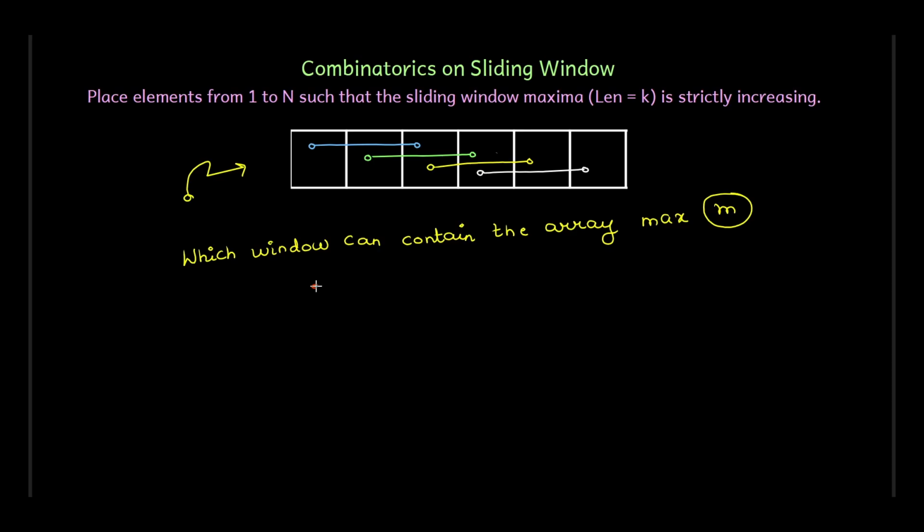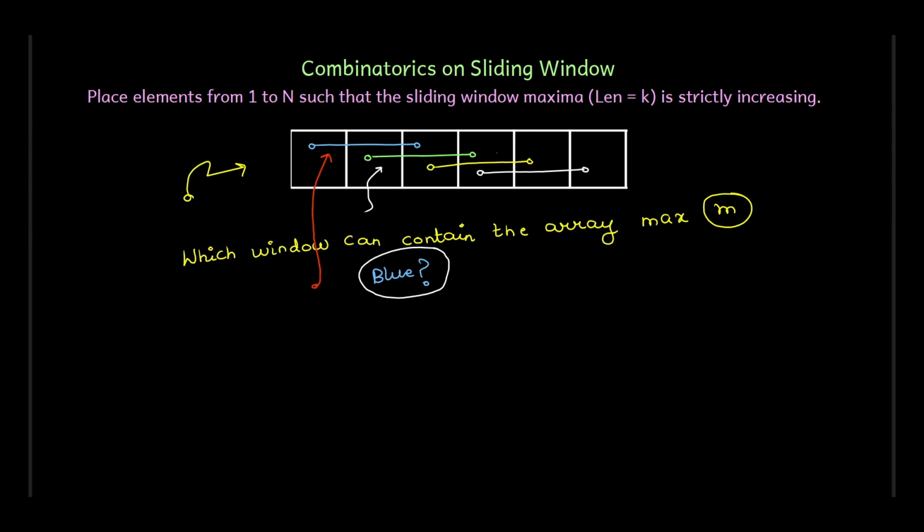Now let's start with this blue window first. Can it be present in this blue window? Here is the point where you have to keep your eyes and your brain open and think very carefully before you answer. So assume that the maxima is indeed present in this blue window. Then you are transitioning from this blue window to the next window, this green window.